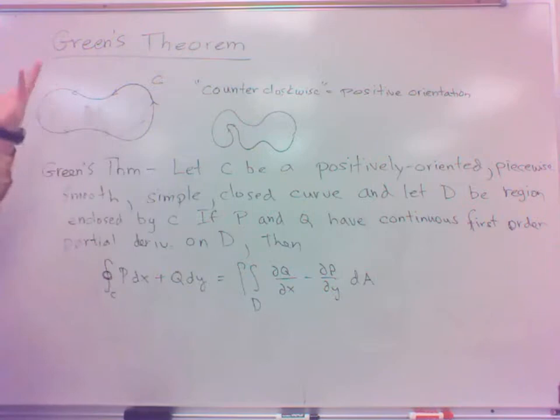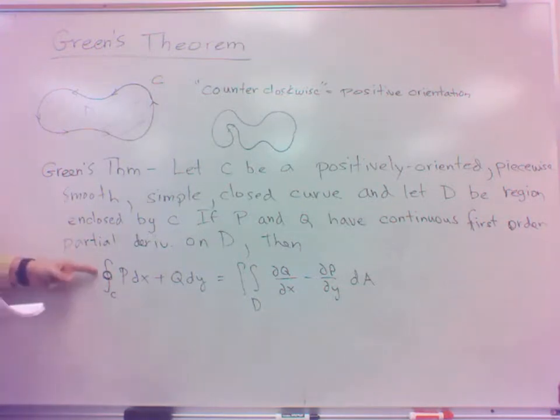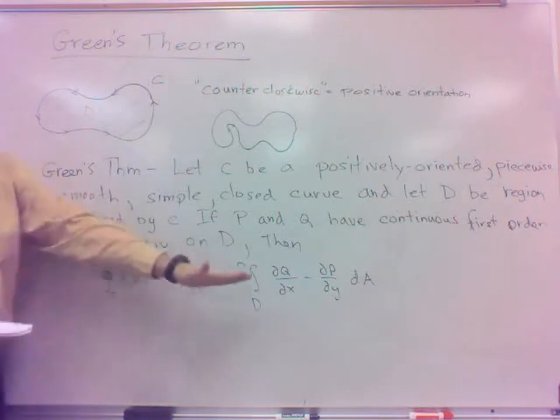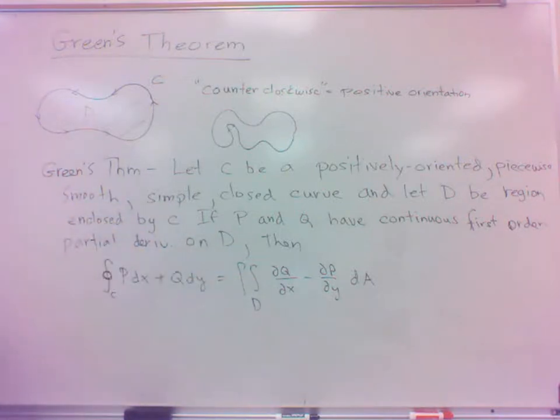Closed, of course, you know what that means. But simple just means it doesn't cross over itself. You don't have a figure 8 or anything like that. So if you've got all those things, then you can use this notation for your line integral. And that's the only way this works anyway, if it is a simple closed curve. There is one other part to it that we can include, but we'll get to that in just a second, hopefully.